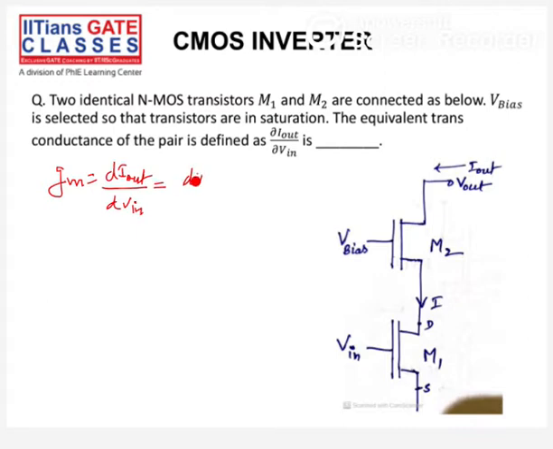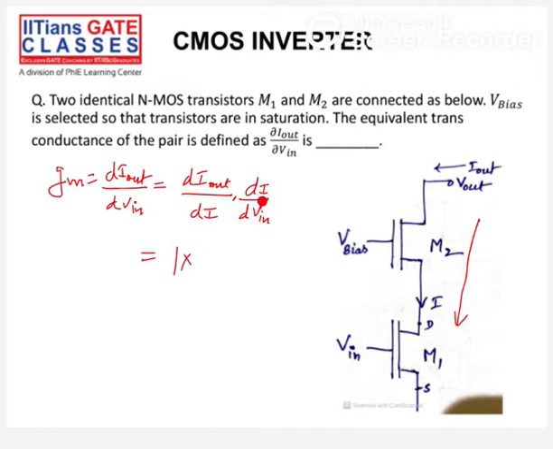I can write dIout divided by dI, into dI divided by dVin. Iout means I, so dIout is equal to dI, that is 1 into dI divided by dVin.